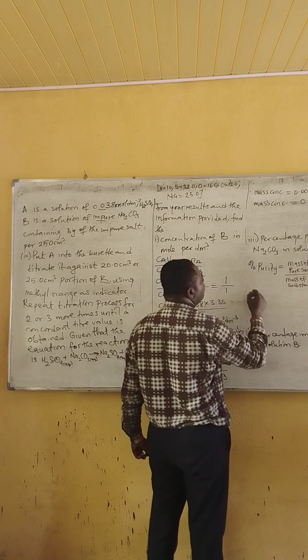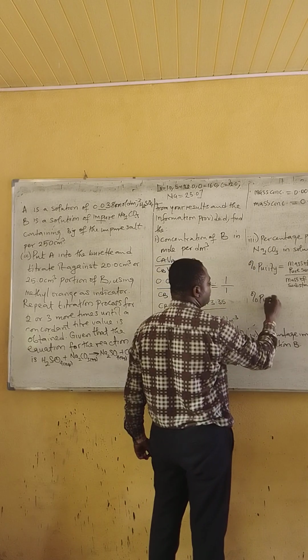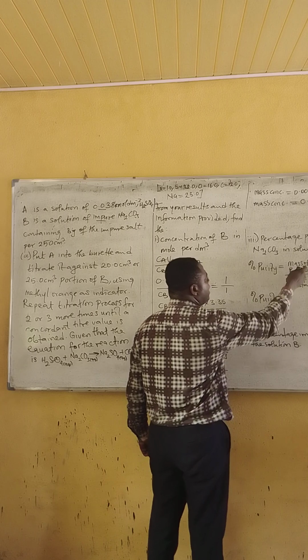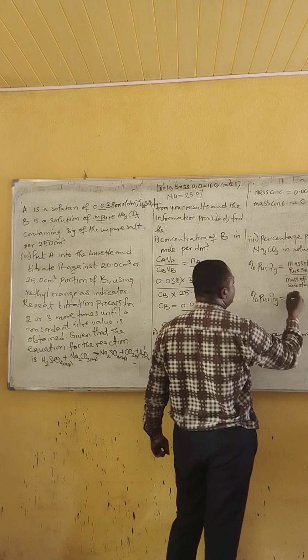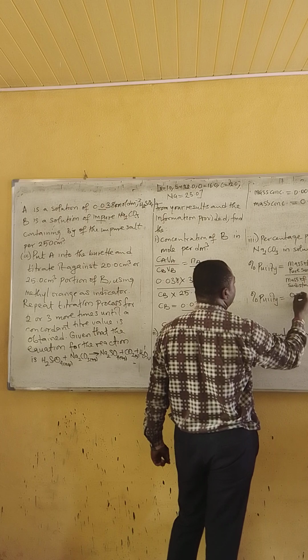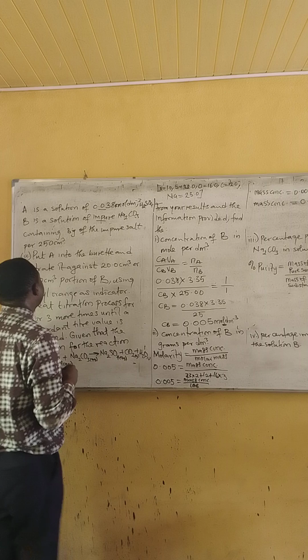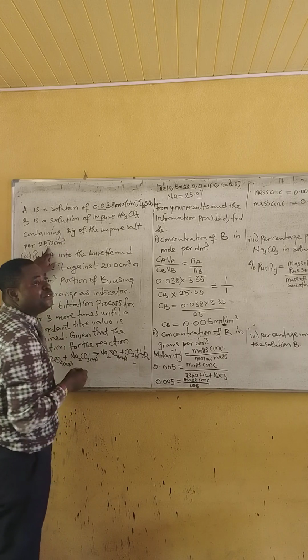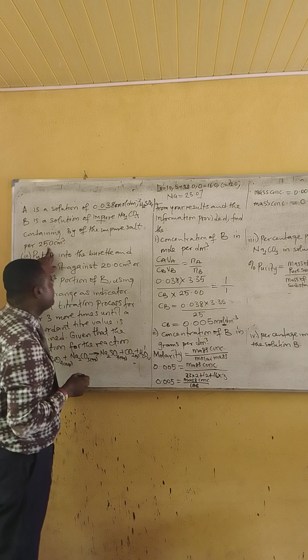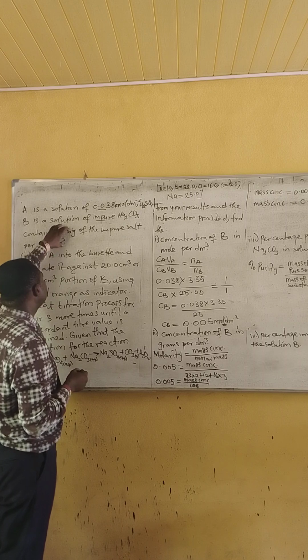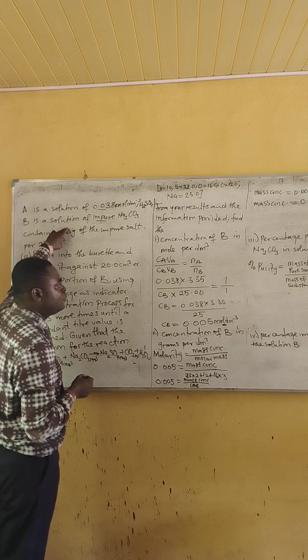So we have percentage purity now. What is the mass of the pure that we just got? That is 0.53. Before that, we need to know we are given a certain mass, but it is dissolved in 250, we have to standardize it first to get the mass of the impure in gram per dm cube.